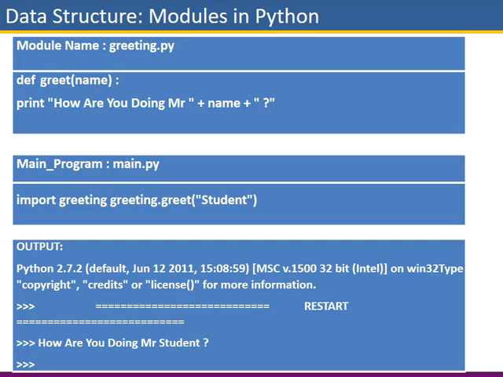By the time we print it out, we have the output, with the Python version number and details, and the output is: how are you doing, Mr. Student.